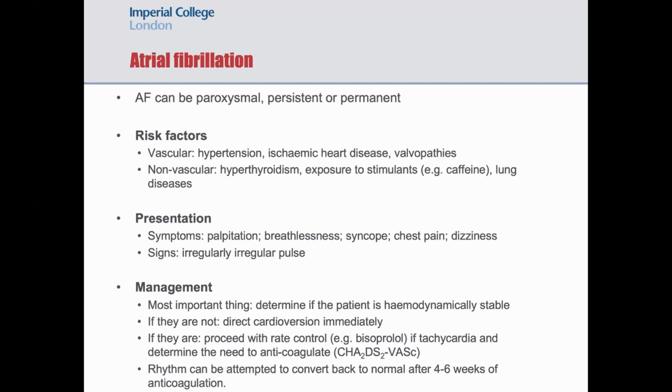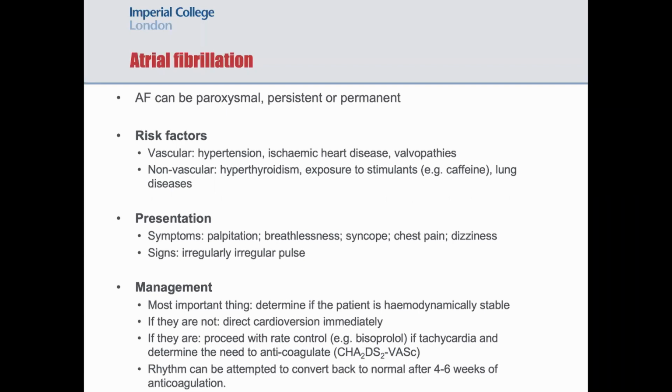But say an elderly person with a lot of comorbidities has been in AF for a month and is not at risk of end organ damage, so they're haemodynamically stable. You need to work out their CHA2DS2-VASc score, which, if you remember, is a score for the risk of a stroke, your coagulation risk.